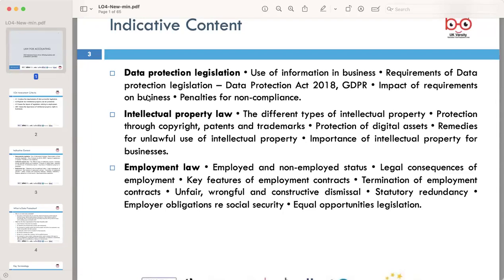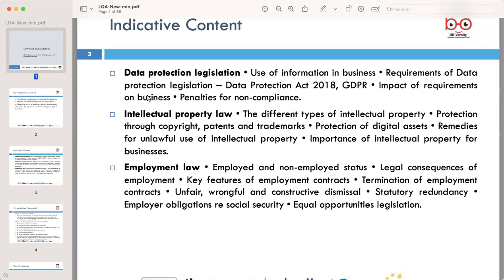So data legislations covers the use of information in business, the requirements of data protection legislations, and the penalties for non-compliance. So the relevant laws include the Data Protection Act 2018 and GDPR. Then intellectual property explores different types of intellectual property protection through copyright, patents, and trademarks, safeguarding digital assets, remedies for unlawful use, and the overall importance of intellectual property for businesses.